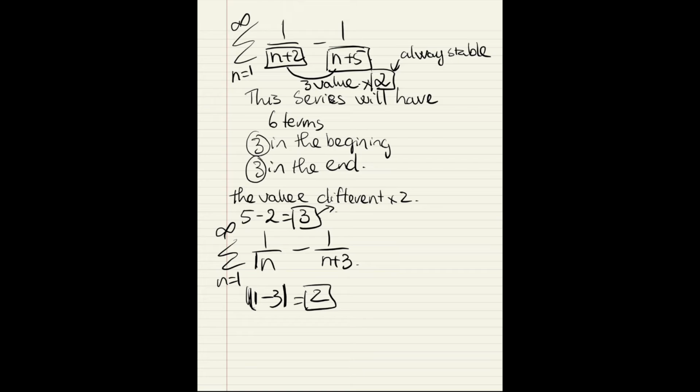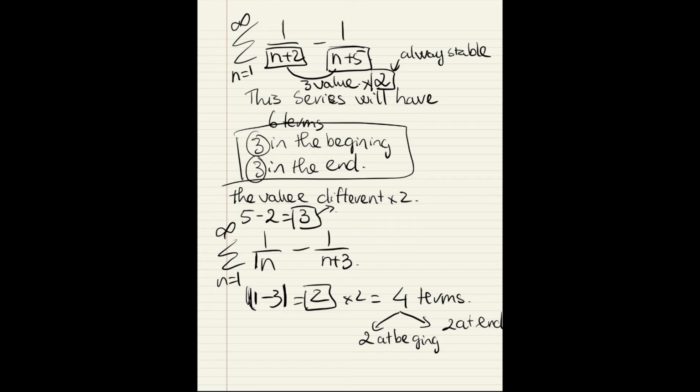So there is a difference of two values, times 2, so we have 4 terms. And this one is 2 at the beginning and 2 at the end. I'm going to explain what 3 at the beginning and 3 at the end, and 2 at the beginning and 2 at the end mean.